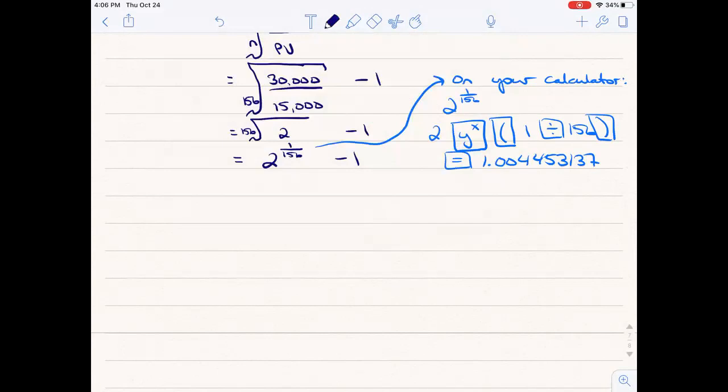In our calculations then, we can replace the 156th root of 2 by 1.004453137 minus 1. So this is what I was talking about before, right? You have to have this minus 1 because otherwise you're saying, oh, every month you get 100.45%.